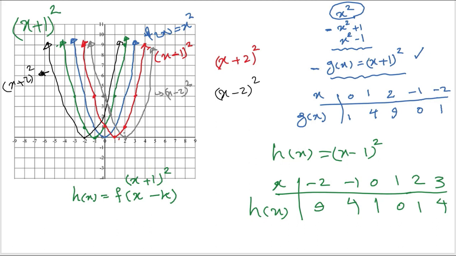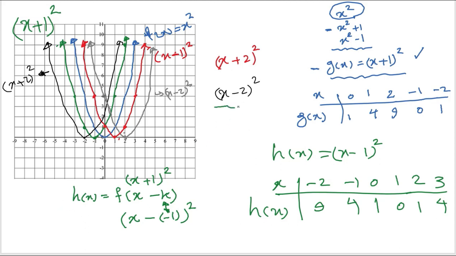I know f of x is x squared, so I can write it as (x−(−1))². So k is negative. When k is negative, the graph is shifted toward the left. When k is positive, the graph is shifted toward the right.